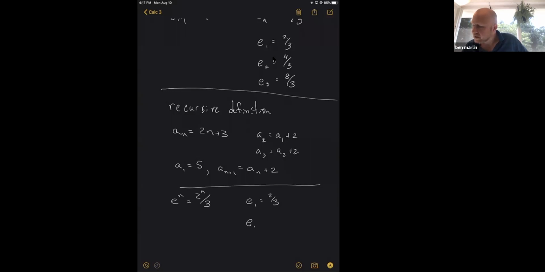And then e sub n plus 1, each time you increase the n by 1, is going to be 2 times the e sub n, because you're multiplying by 2 each time, right?